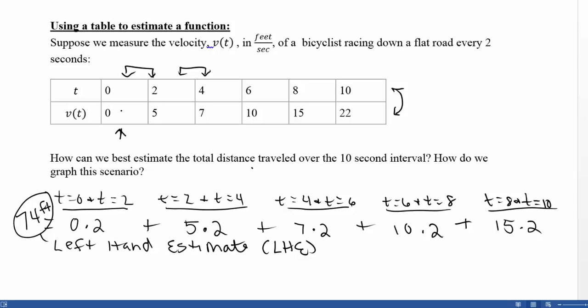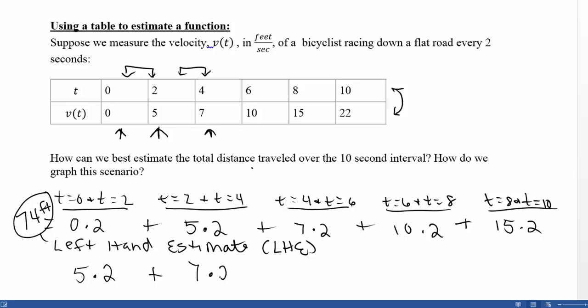So from time equals 0 to time equals 2, instead of picking the rate on the left, which was 0, I'm going to pick the rate on the right, which is 5. So now I'm going to do 5 times 2. My rate was 5. My time was 2 seconds because time equals 0 to time equals 2. Plus, now from 2 to 4, I picked the rate on the right, which is 7.